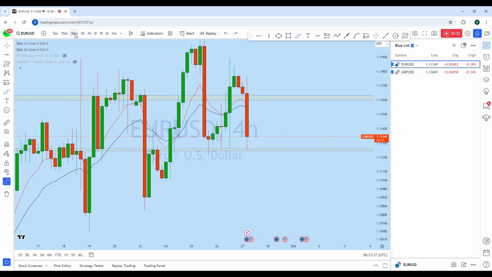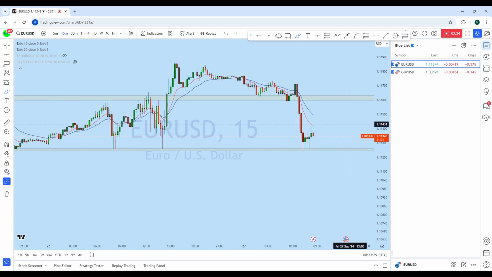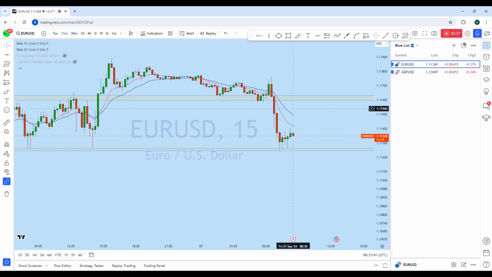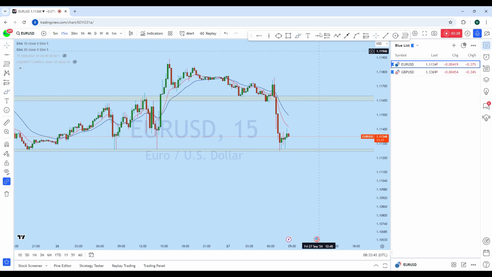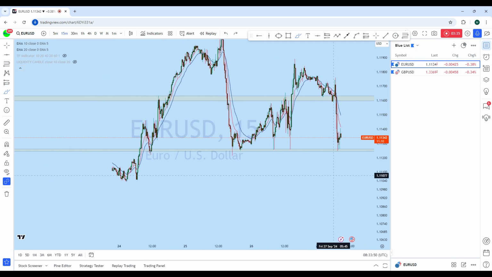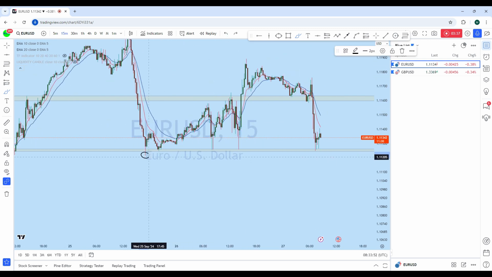So if we look at the 15 minutes price action, we can see that in this lower time frame euro dollar had a big drop, and now it is slowly trying to bounce back up. If you look closely, we can see that there is a support here, support here, support here, and also there is a support here.